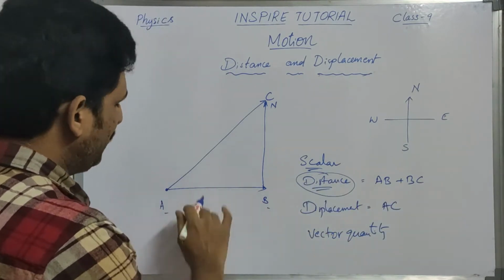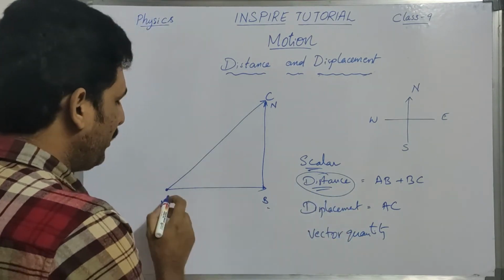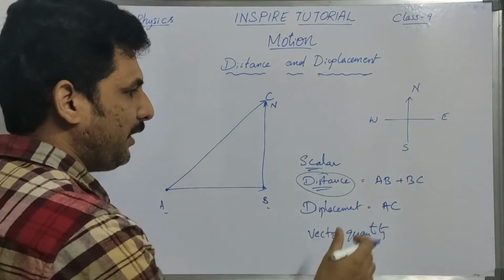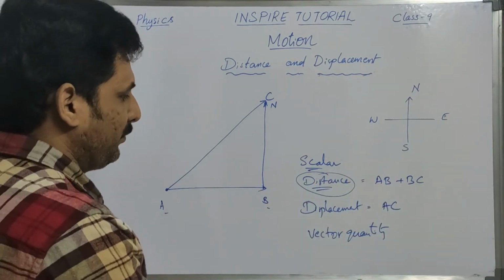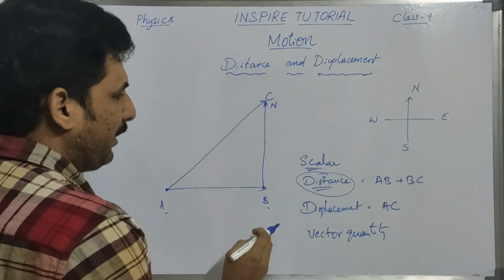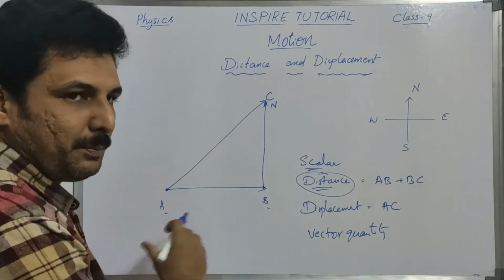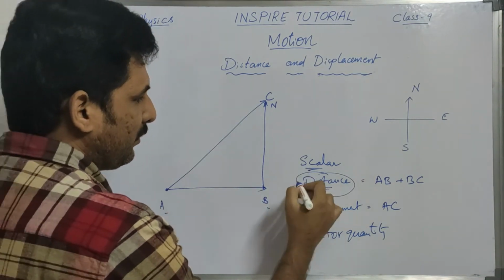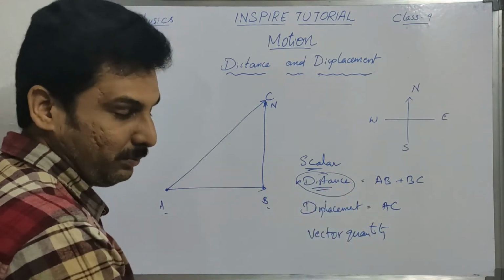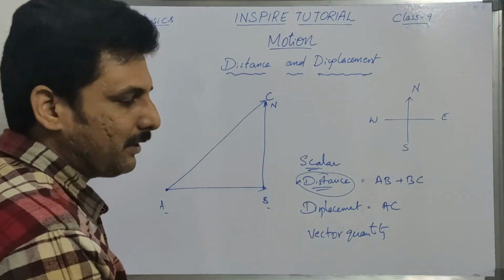See for example in this case the magnitude of the distance will be AB plus BC, but it does not have a particular direction. Okay, so first we take direction towards east and then towards north. So there is no particular direction for this physical quantity, that is distance, but it has magnitude. So it can be a scalar quantity, but it is not a vector quantity.